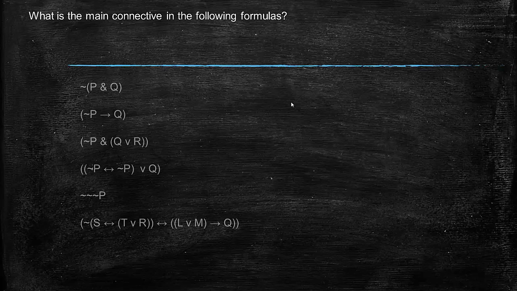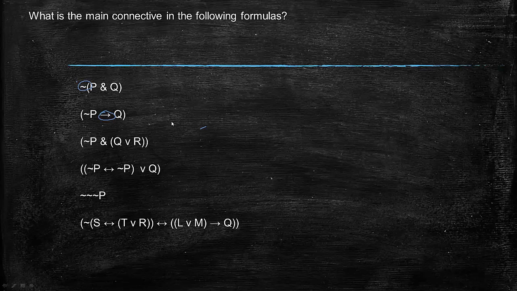So let's identify some main connectives. Could it be the conjunction? Well, no, it can't be because P and Q contains the conjunction. So here it's the negation. Could it be the negation? No. Smallest formula that contains the negation is this. So here it's the conditional.